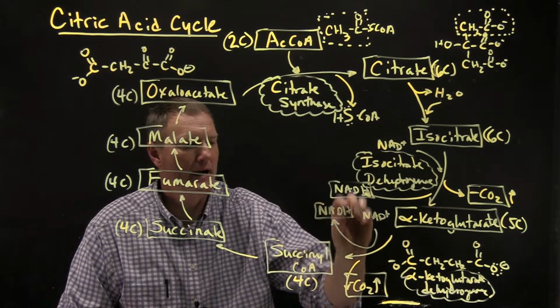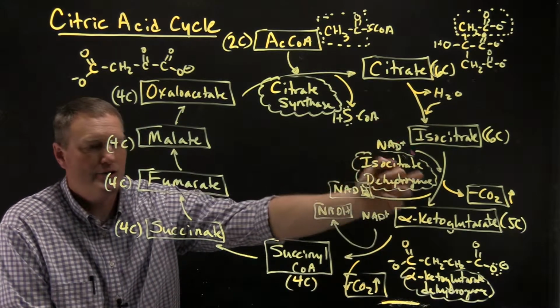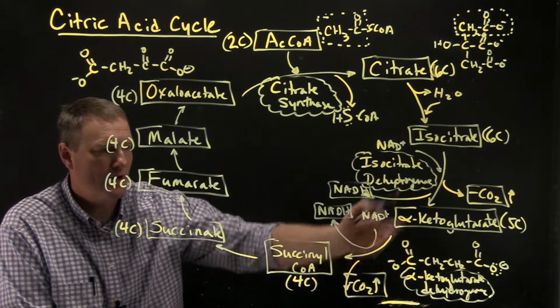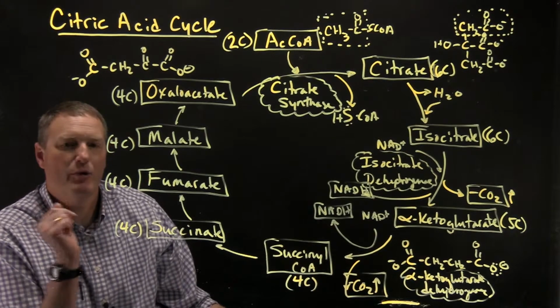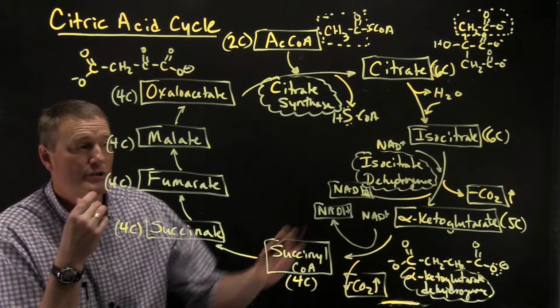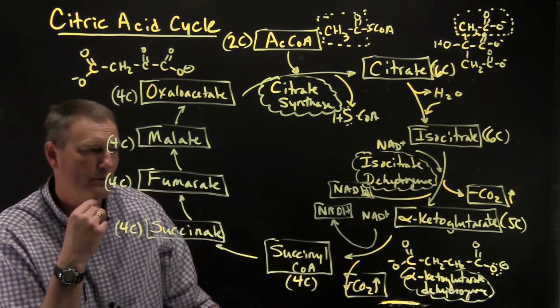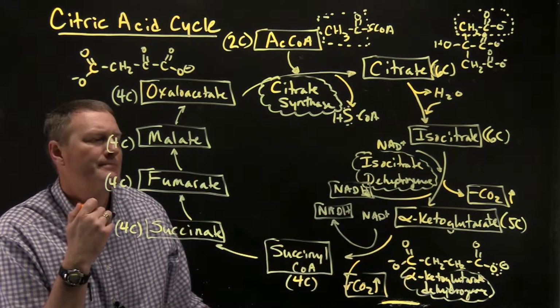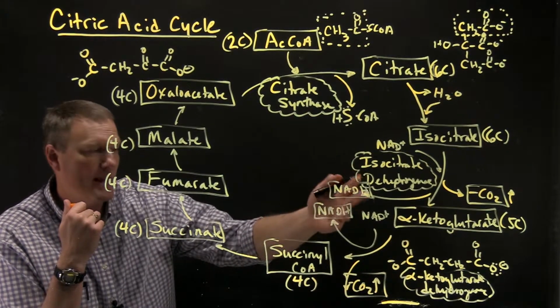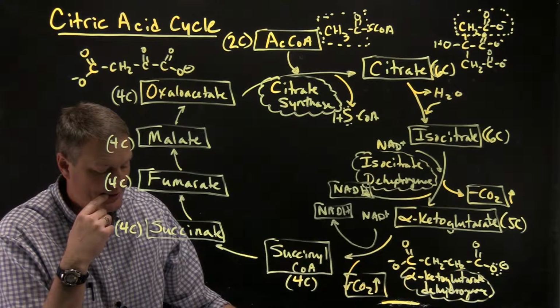I'm going to put that in a box. So these two enzymes then, the isocitrate dehydrogenase and the alpha-ketoglutarate dehydrogenase, they're critically important regulatory enzymes in this pathway. And they are essentially performing an irreversible reaction. So once the CO2 comes off of each of those, it really can't go backwards. And along the way, there are two equivalents of NADH that are then produced.